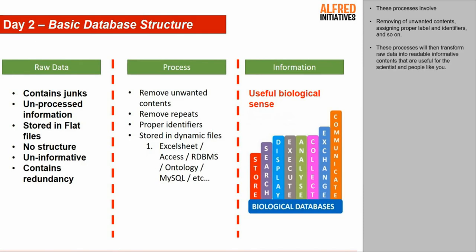These processes will then transform raw data into readable information, content that is useful for scientists and users and people like yourself. Information must be easily understood and direct so as to provide clear insight and knowledge to its readers. Let's take a closer look at how information is being created using databases in the next slide.